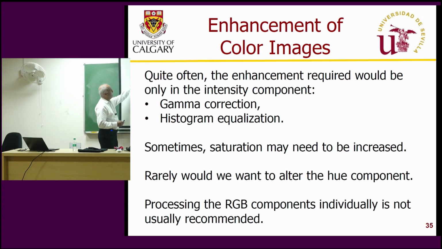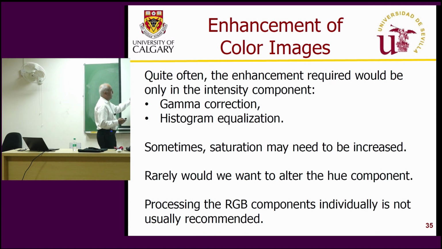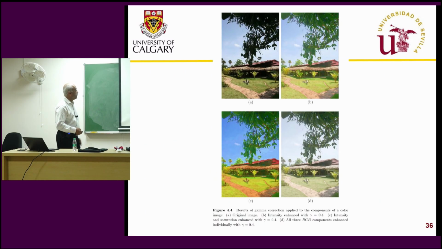So gamma correction, histogram equalization, there are two methods we have seen, can be applied to the intensity component. Saturation may need to be increased if you want it to be more lively and sometimes glaring. You normally don't alter the hue component unless you want to do something very specific. Not typically, perhaps not for natural images. RGB separate analysis is not usually recommended.